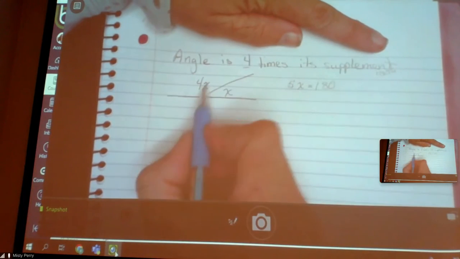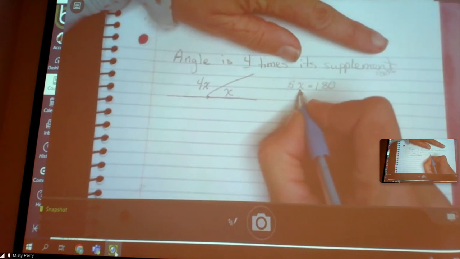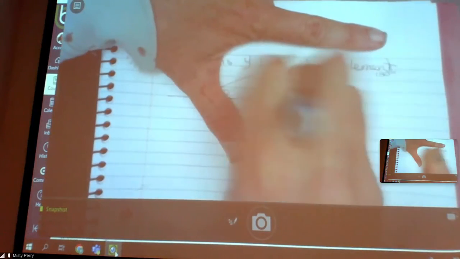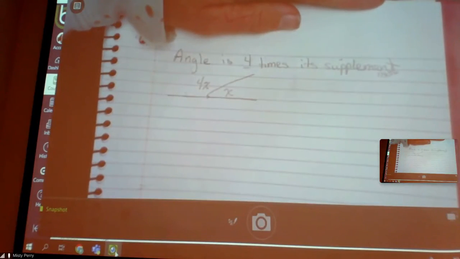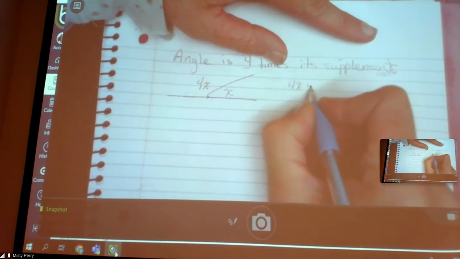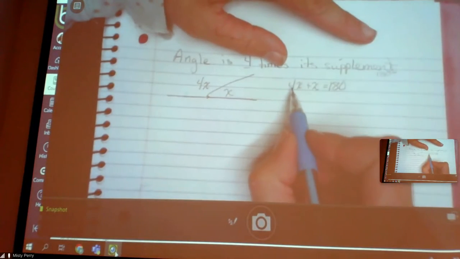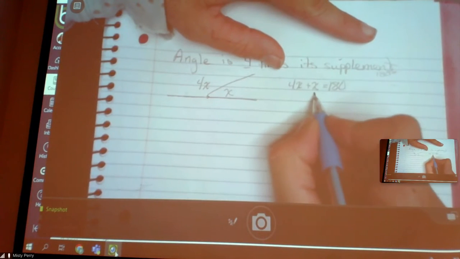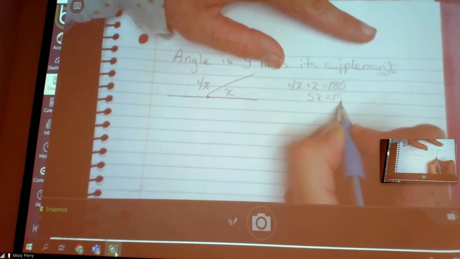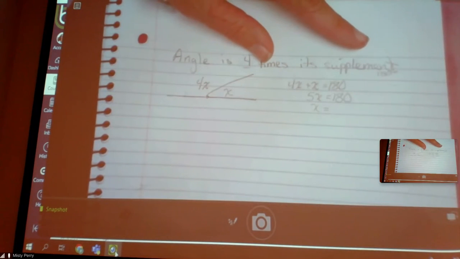5x equals 180 because I combined the 4 plus 1 more. And divide by 5. Now let's back that up. Okay. 4x plus x equals 180, like we always did. Combine your terms. 4x plus another x is going to be 5x. 5x, I'm going to divide because this is multiply, so x is going to equal, we divided by 5.